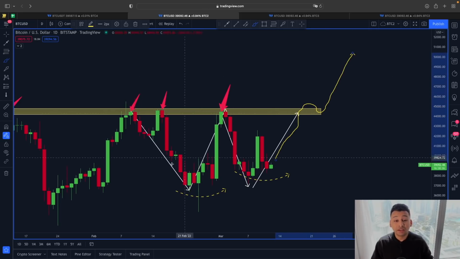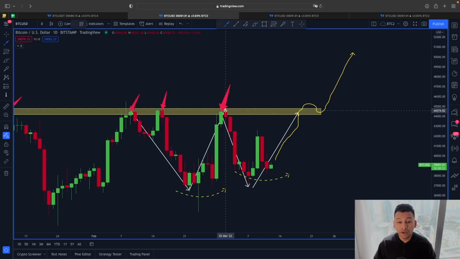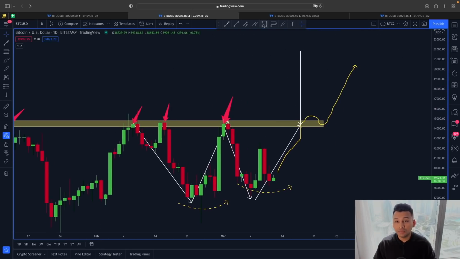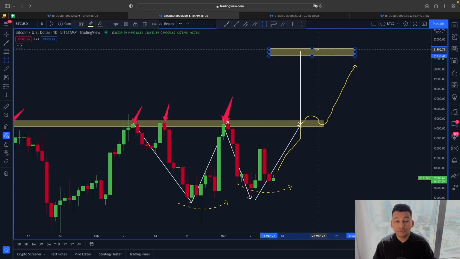Because if we do that, then you can see this is going to be a very nice double bottom where the price could be heading towards this 50,000 area from the neckline till the target here to the upside. We can see very clearly that the price of Bitcoin could be approaching this 50 to 51,000.